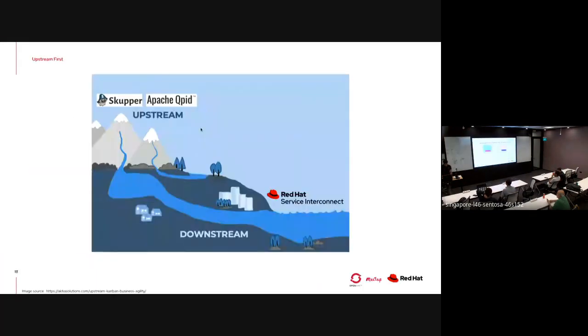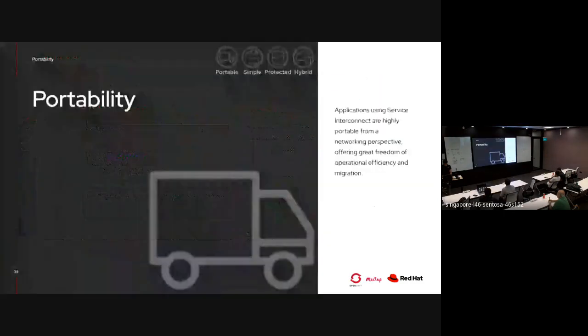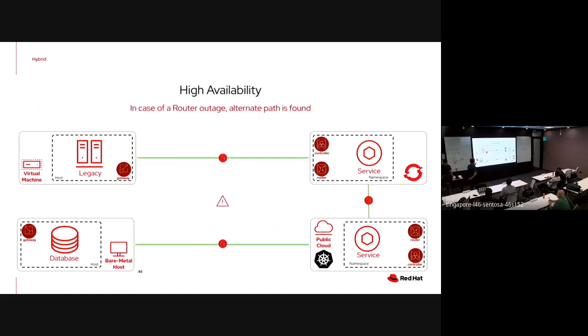So Skupper is smart enough. If this is the router that you actually have, you are forming a link from here to there, then maybe one of the links is broken. Then it will actually find its own way to the place that you want to go. As long as there's a route there, then you can actually reach your service.